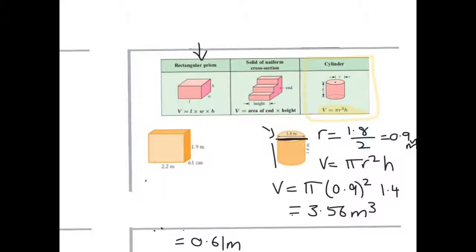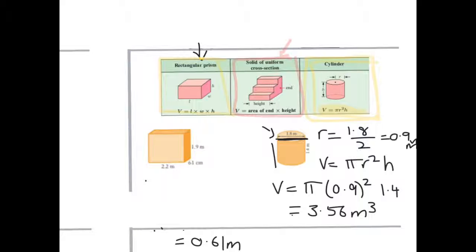So that's the volume of a prism, the volume of a rectangular prism, and the volume of a cylinder. We've got one more formula in here. That's this one here, and that's the volume of a solid with uniform cross-section. What that means is if you take a shape, and in this case we're looking at this staircase-looking shape, and you cut it up into different sections, and then you looked at the ends, all the ends would still look the same.